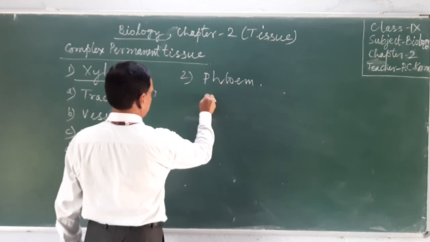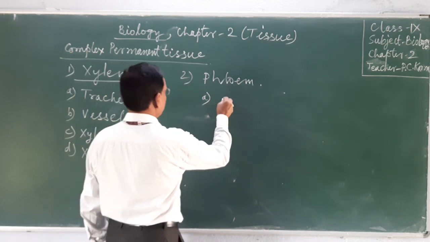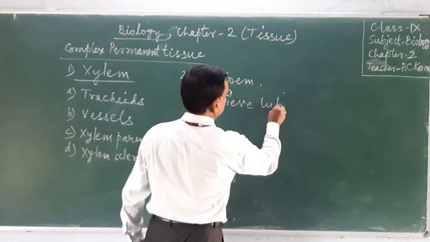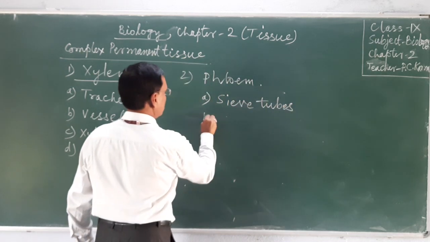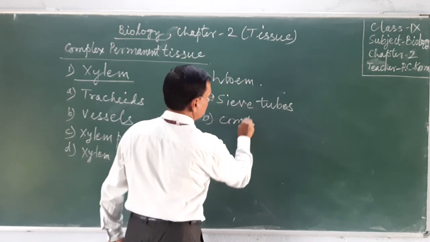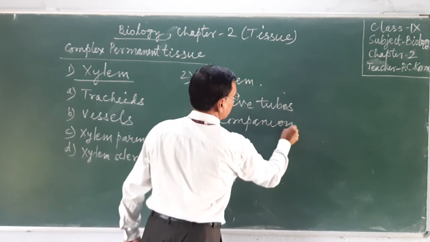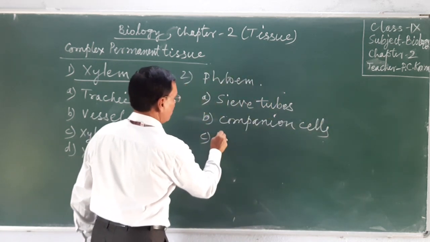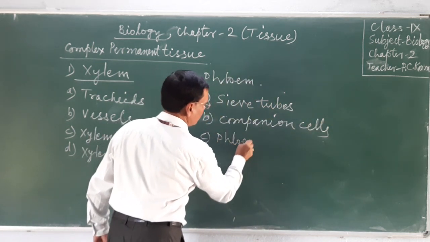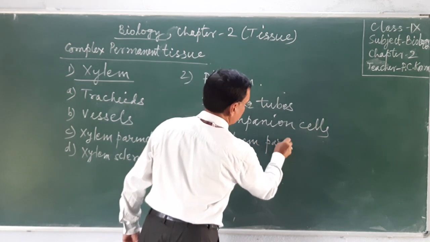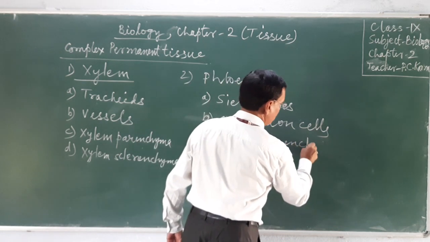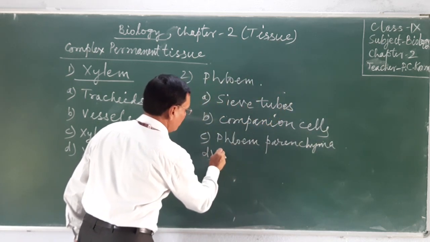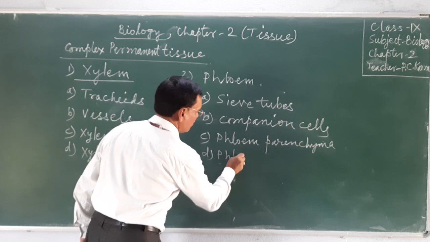These cells are sieve tubes, companion cells, phloem parenchyma and phloem sclerenchyma.